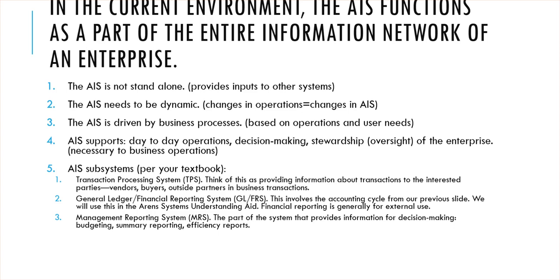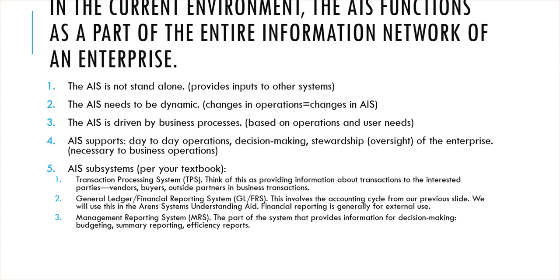In the old Hall textbook, it divided the AIS into really 3 or 4 perspectives. And I will return to this, and this is, if you want to star or highlight something that's important, this is important. Transaction processing. This is day-to-day operations.